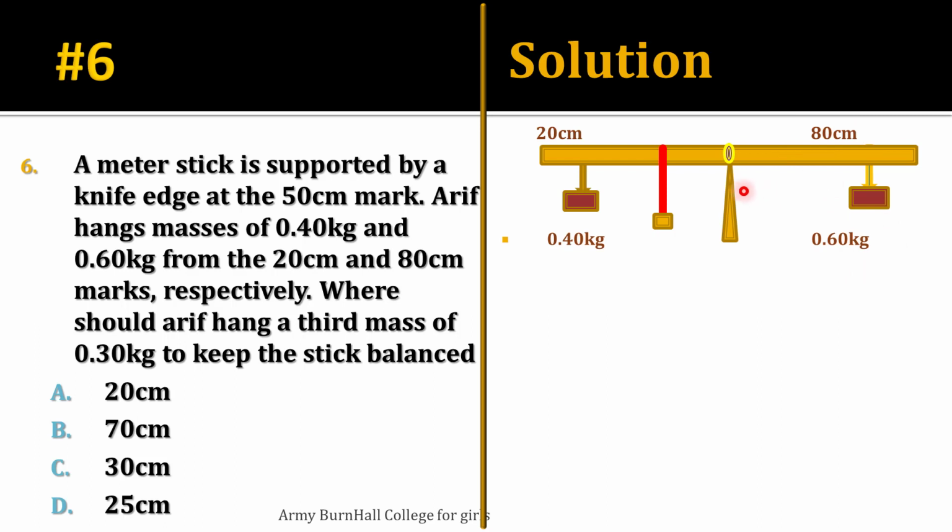Where should the third mass be hung so that the meter rod is not disturbed? Initially, with no masses, this meter rod was balanced at 50 centimeter.